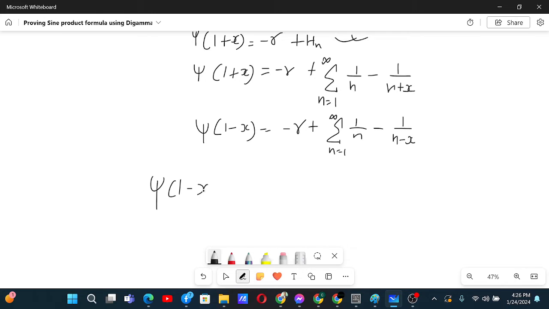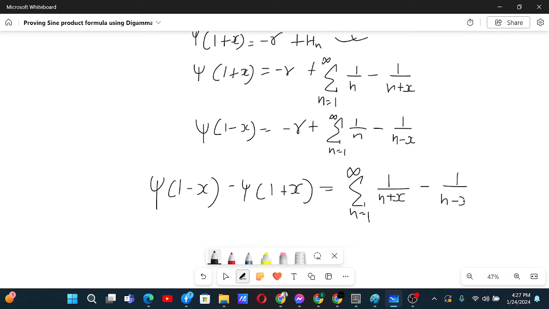This is basically to use the reflection property of digamma and get some trigonometric terms. The constant will cancel out, and we will have sum from n equals 1 to infinity of 1 by n plus x minus 1 by n minus x.